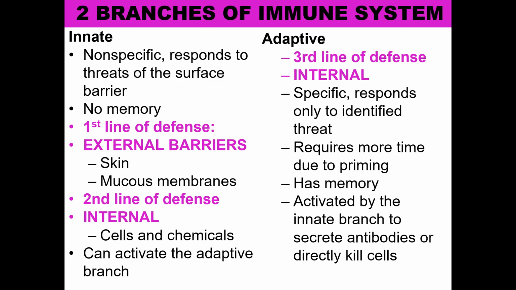Additionally, some cells of the innate branch can activate the adaptive branch, which kind of just means like, hey, we're a little bit overwhelmed, let me tag you in. So they will wake up the adaptive branch, and then the adaptive branch will develop a response specific to that invader. And that can include antibodies or some ways that those cells can directly kill other cells.